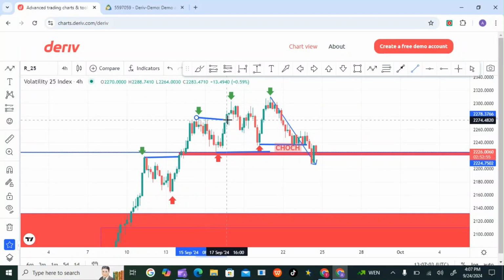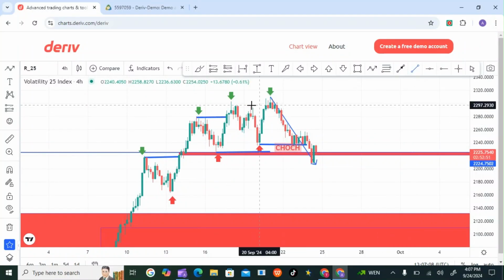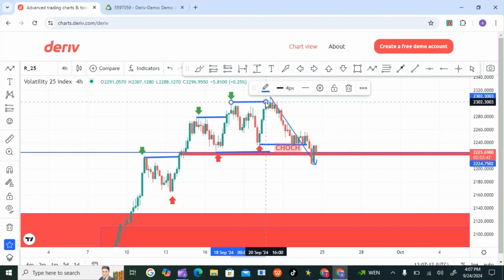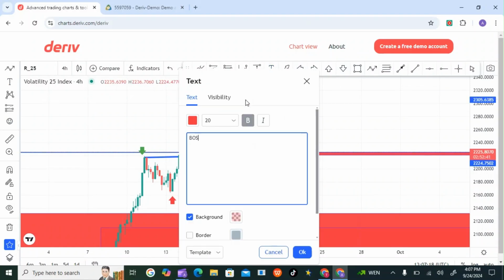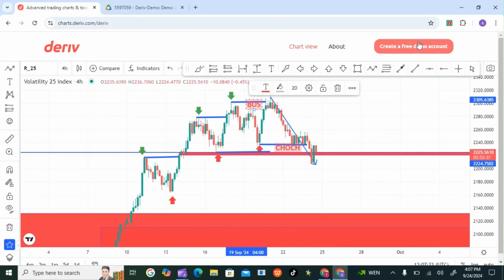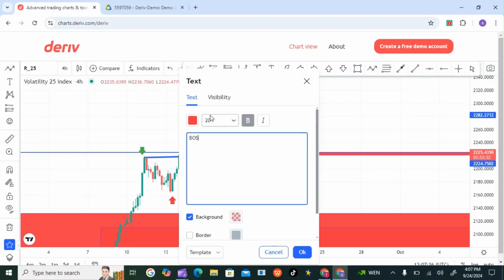These crossings up and breaking up create a break of structure. So that you understand, this is a BOS, which is represented by break of structure, and this one is also a break of structure. BOS is also a break of structure.